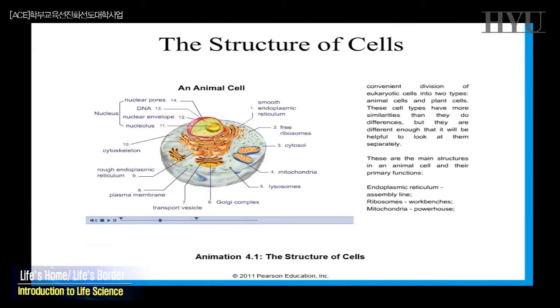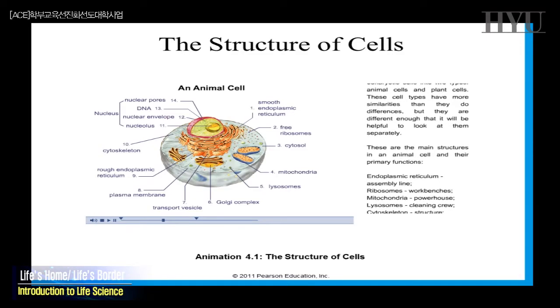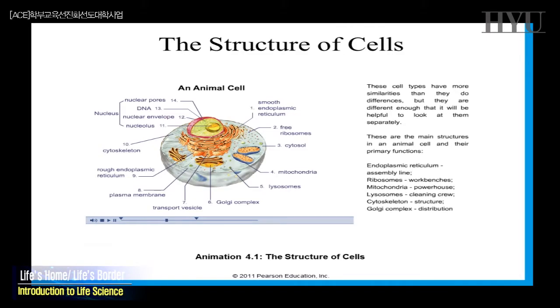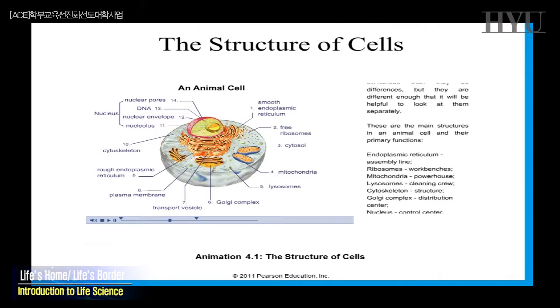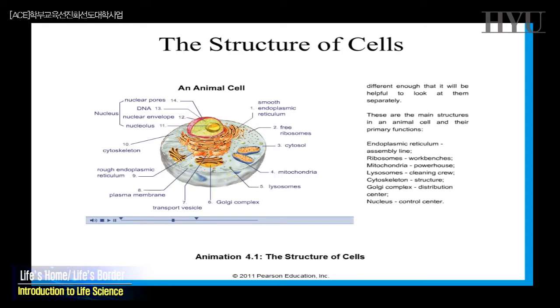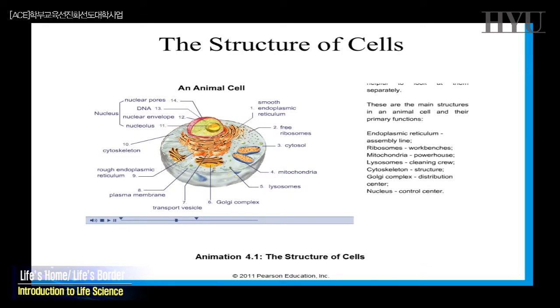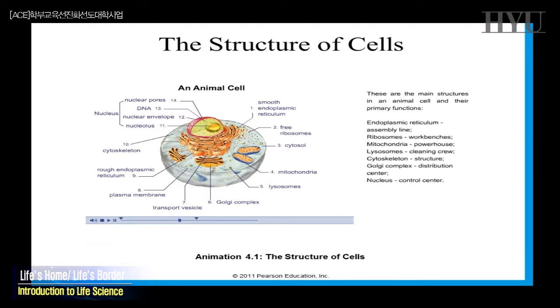Endoplasmic reticulum, assembly line. Ribosomes, workbenches, mitochondria, powerhouse, lysosomes, cleaning crew, cytoskeleton, structure, Golgi complex, distribution center, nucleus, control center.